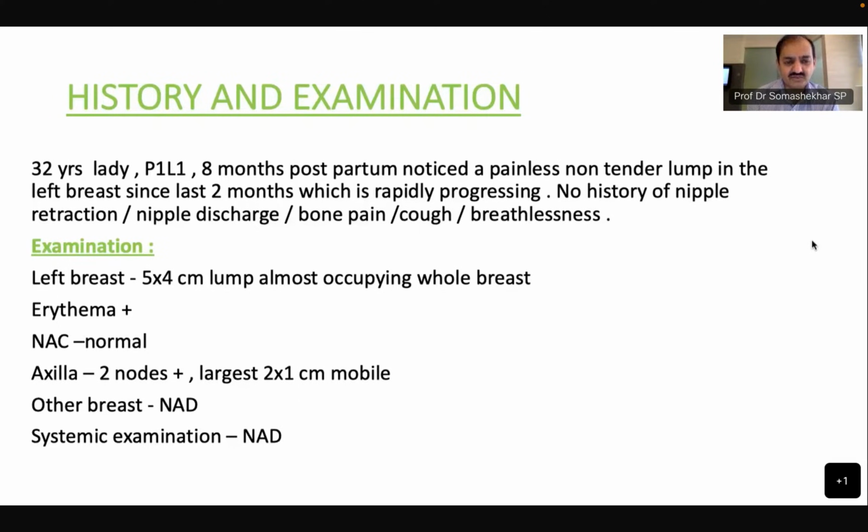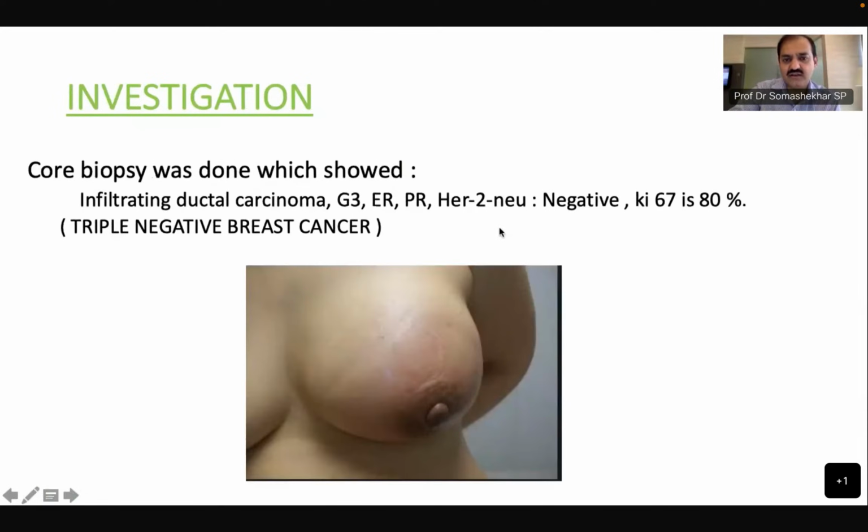Nipple areolar complex is normal, axilla has 2 hard lymph nodes, the largest one 2 by 1 centimeter, the other breast is normal, systemic examination is normal. Look at this. Core biopsy was done, which showed a high grade, triple negative tumor, high Ki67.